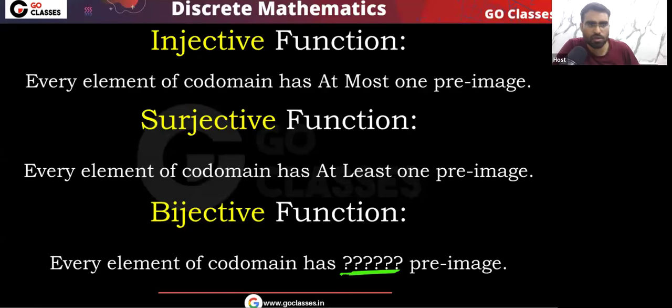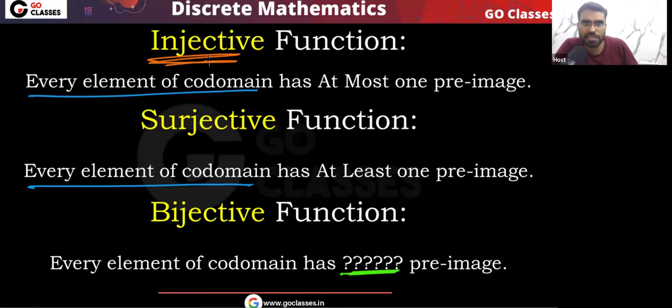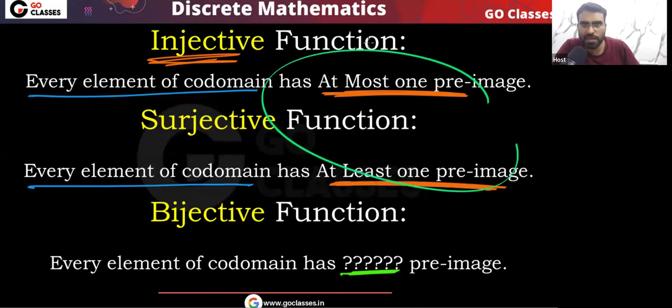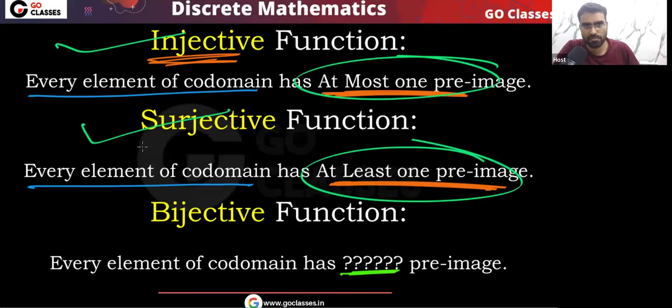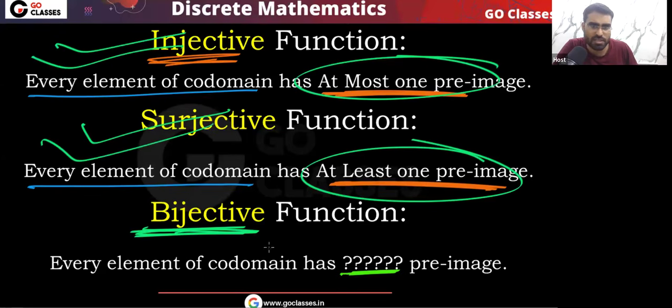Yes or no? Because please understand that for every element of codomain, injective is saying at most one pre-image. Surjective is saying at least one pre-image. So if I combine these two, if a function is injective and surjective, that means it is a bijective function.